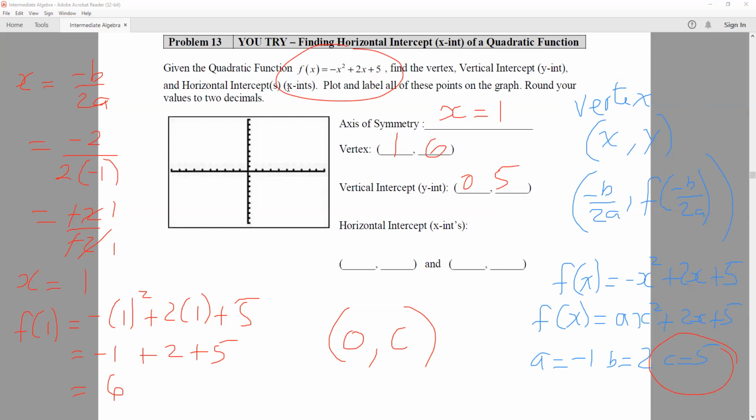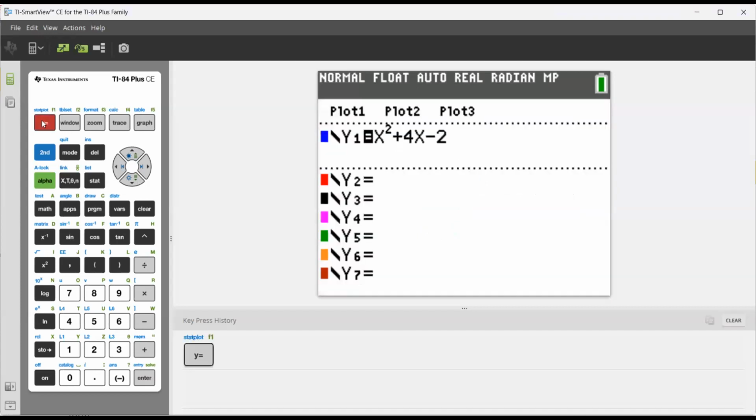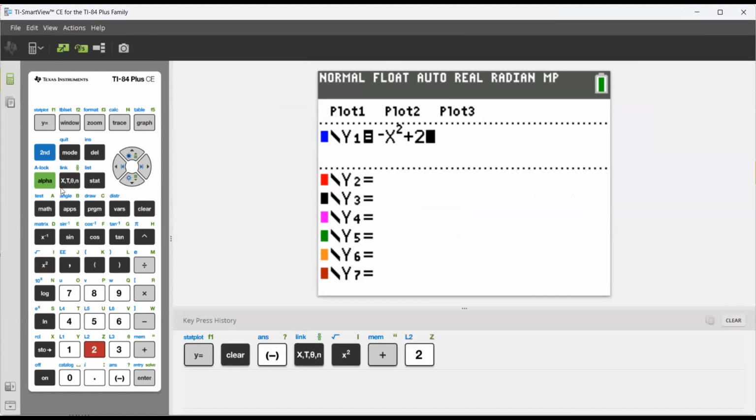All right. So I go to y equals. I'm going to erase what I have for y1, and then I'm going to put in the function. Remember, it's negative x squared plus 2x plus 5.